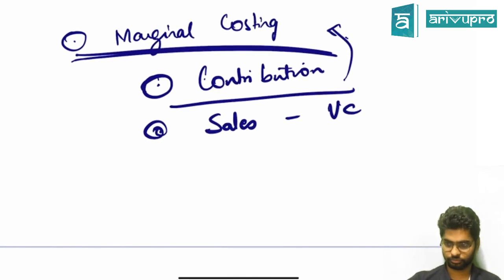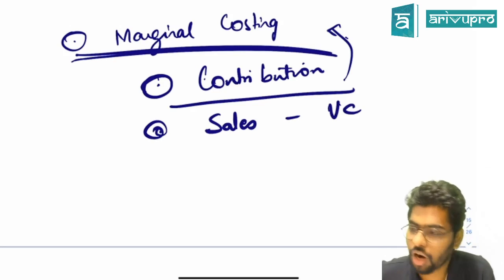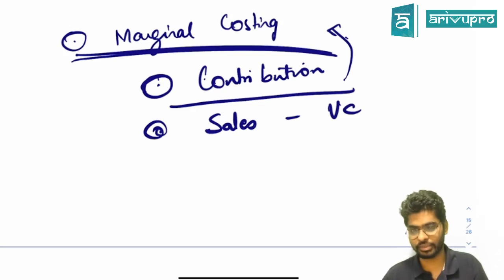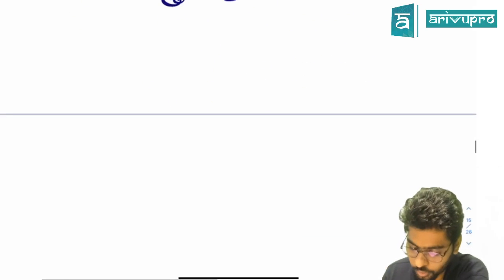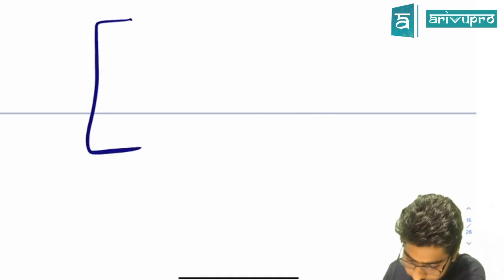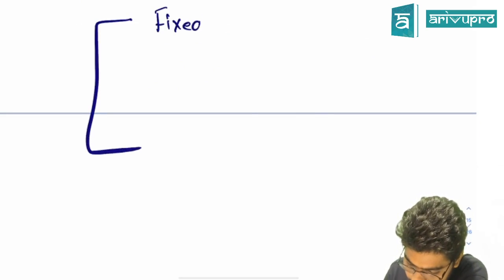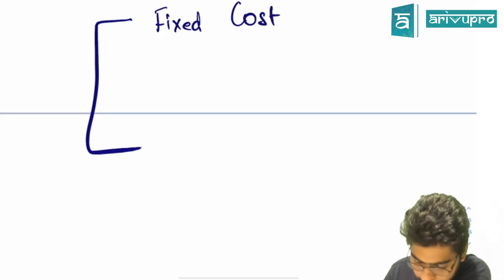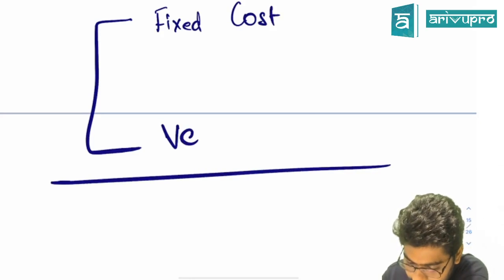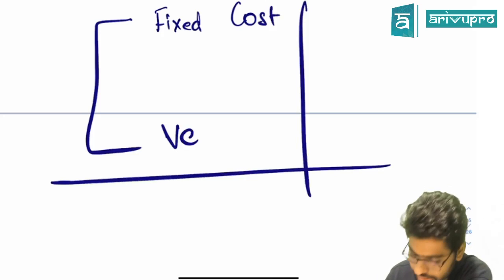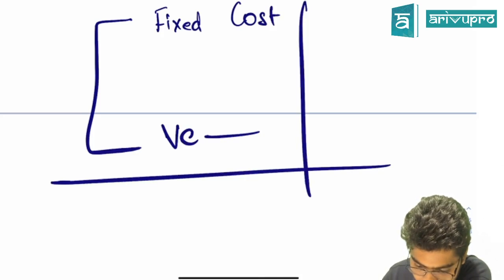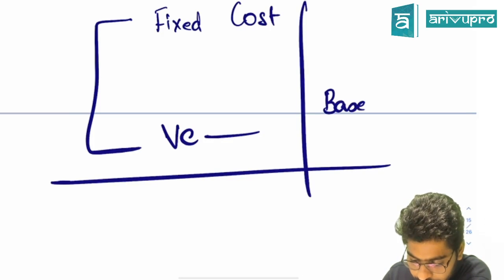Under the next method, out of the joint cost whatever I'm incurring, when I'm trying to produce a product, there are going to be two costs. One being your fixed cost, the other one is the variable cost.